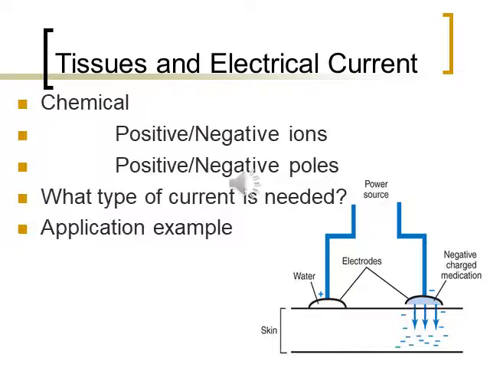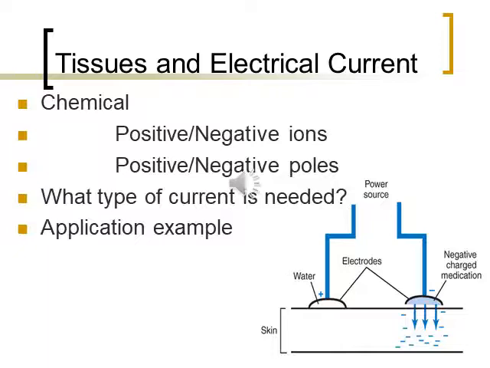Now, in looking at tissues and electrical current, if you're looking to get some type of chemical change, this is a situation where the positive and negative leads you need to have in specific places in order for this to work. So in particular, when you're looking at ion transfer, you have positive and negative ions that you'll utilize, and therefore you have to use your positive and negative poles in the appropriate placement in order to do this, okay?